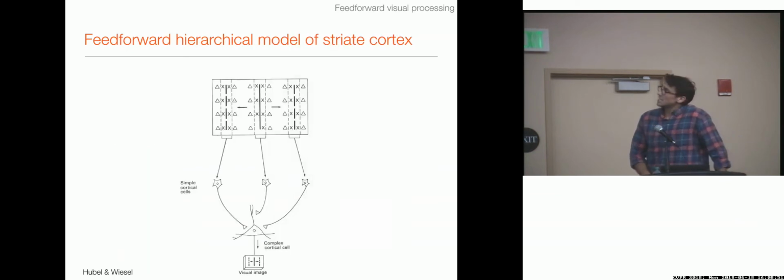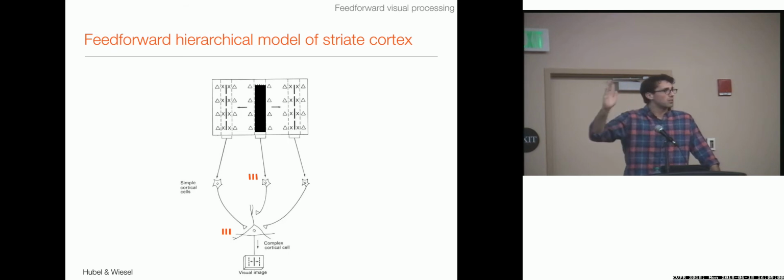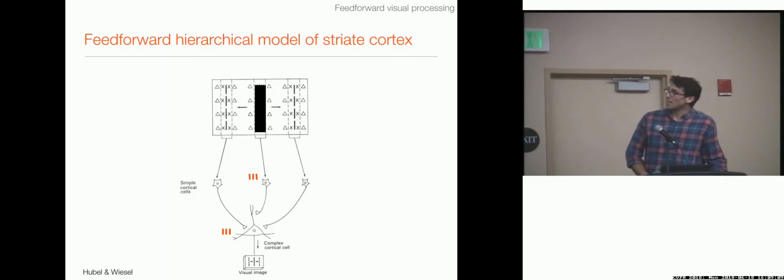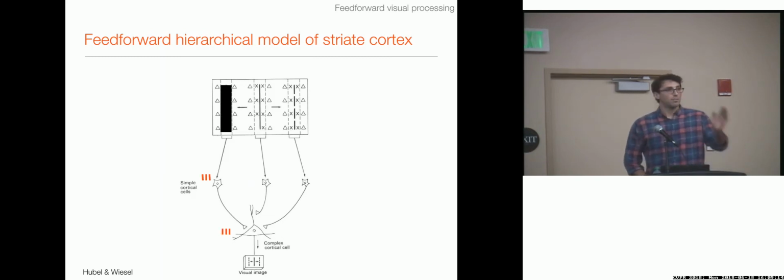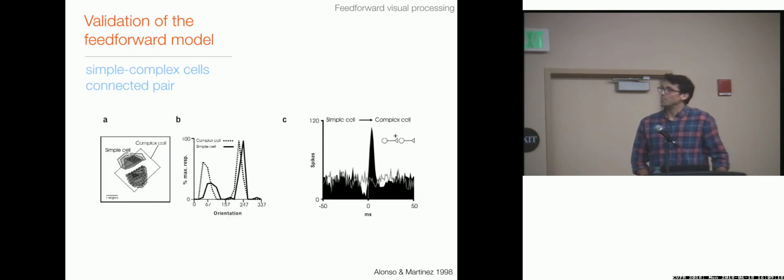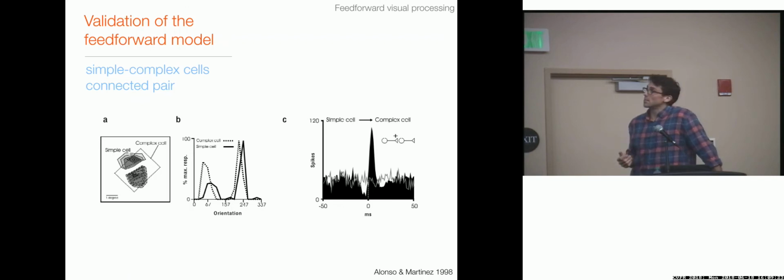And so this gives us the idea of a pretty simple extension to the model that I described earlier, in which you have simple cells at three different locations in the visual field, which have projections to a single complex cell. And this complex cell will then activate regardless of if a preferred stimulus is here, here, or here, with some local invariance to position.